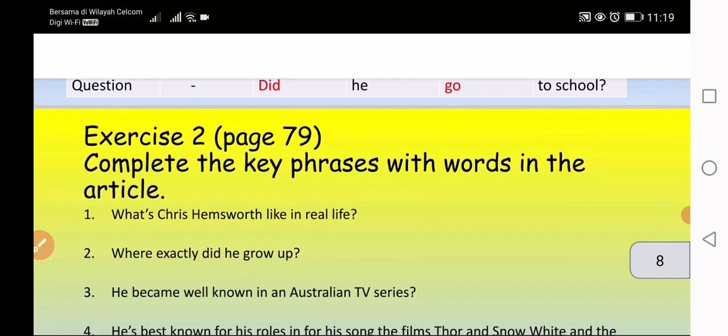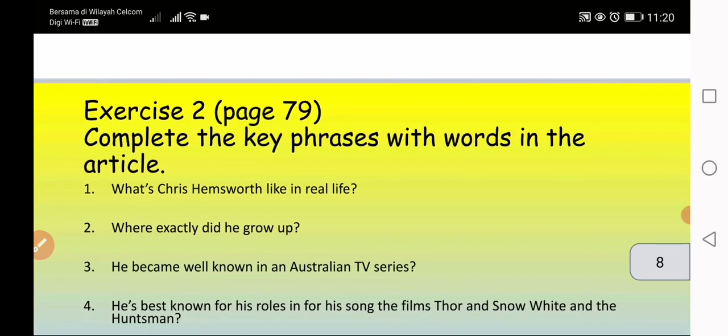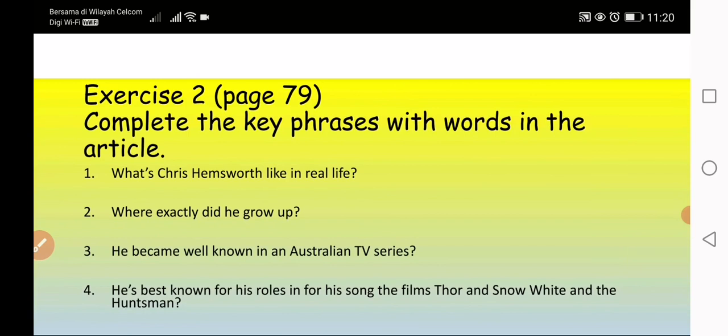And then in page 79, okay, 79, it is about biographical questions and answers. Okay, this one we just learned this Monday, right?